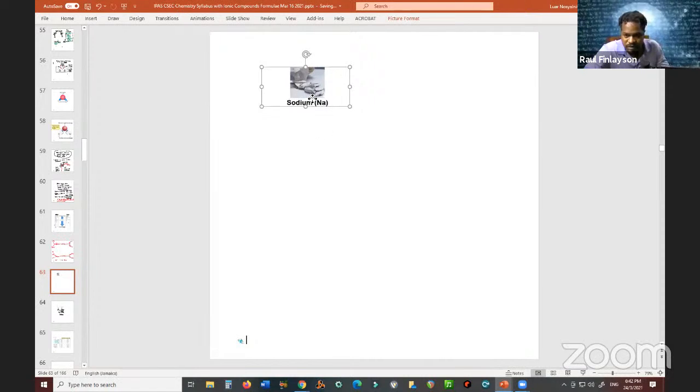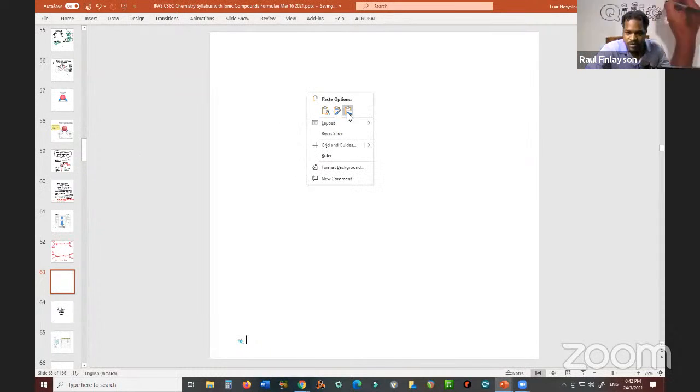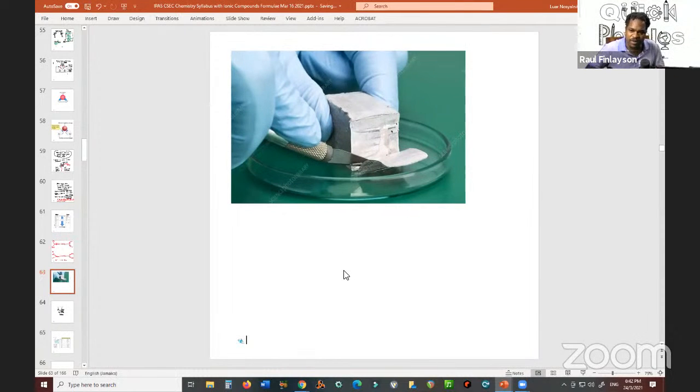This is sodium metal here, guys. Let's use this image here. I think we have some at school. This is what sodium metal looks like: just a piece of metal, but a very soft metal that you can cut with a knife. In fact, this looks like a scalpel blade.